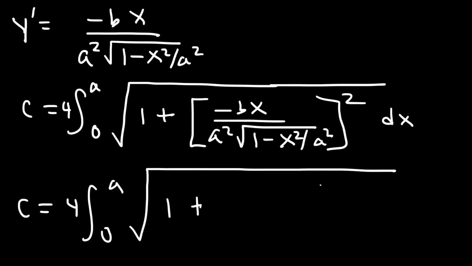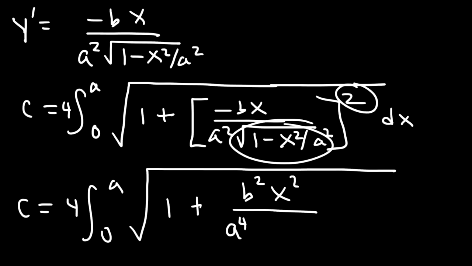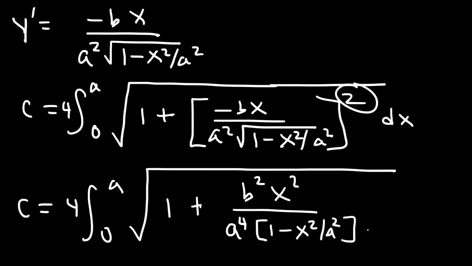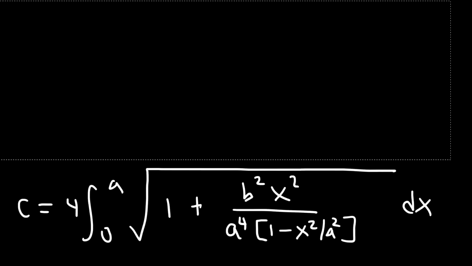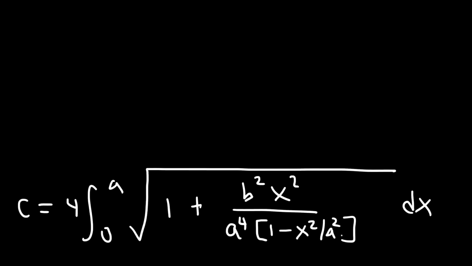Negative b squared becomes positive b squared, and then times x squared. And then a squared squared, that becomes a to the fourth. And this square would cancel the square root symbol. And so this is going to be 1 minus x squared over a squared. Now this expression, I'm going to rearrange it.